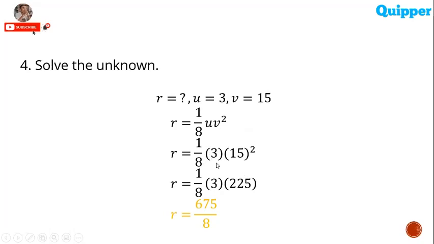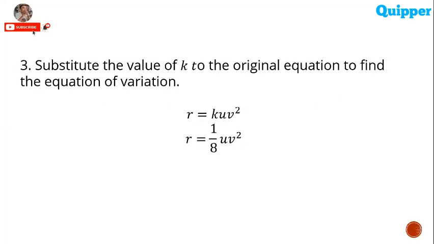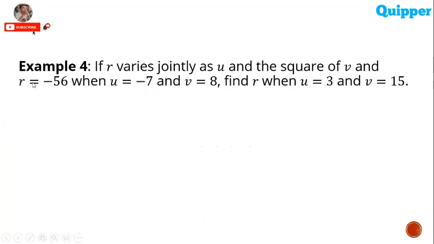You have U 3, V 15. So 15 squared is 225 times 3. That is 675 divided by 8. Therefore, our value of R is 675 over 8 when U is 3 and V is 15. Again, you first use the values of R, U, and V, -56, -7, and 8 respectively, to find the value of k and the equation of variation.